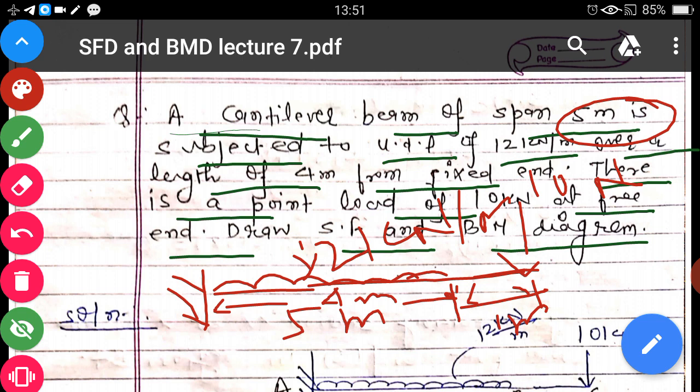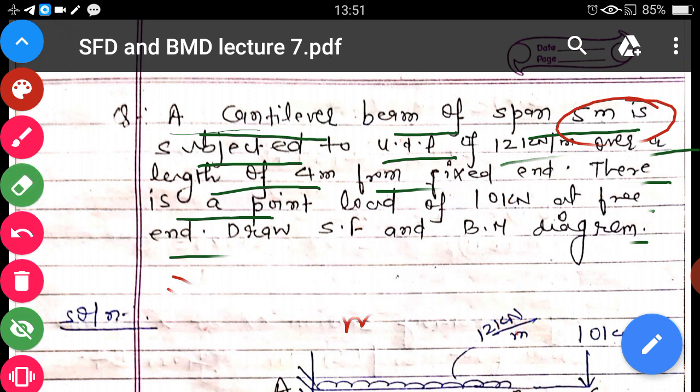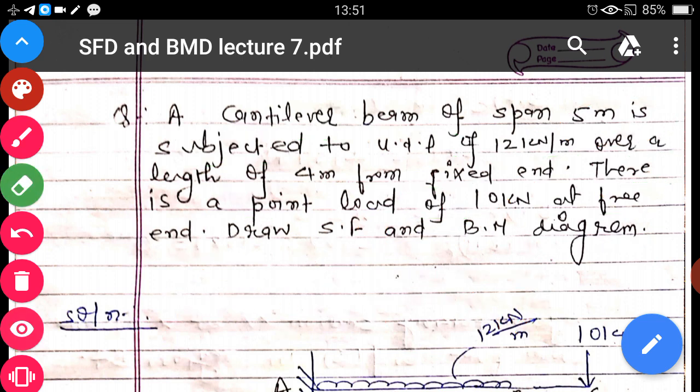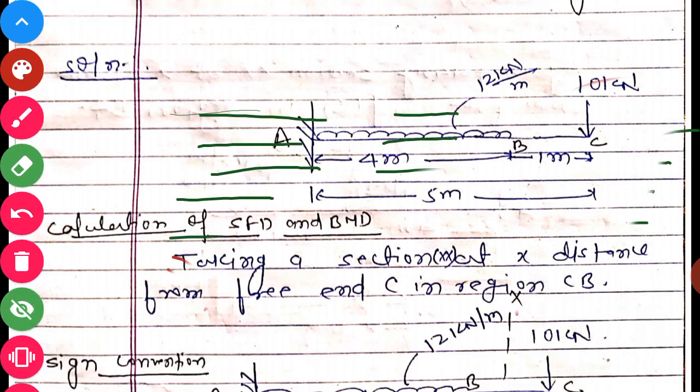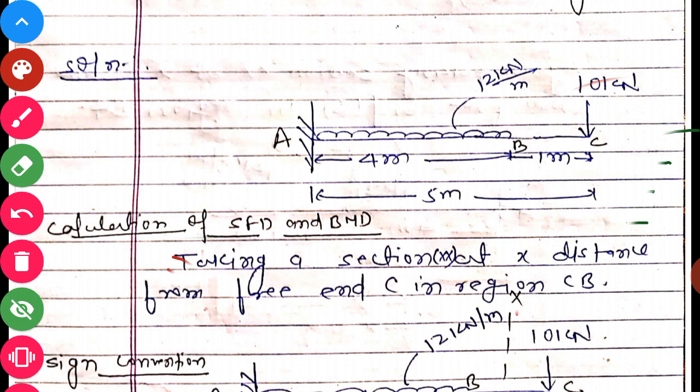Before solving SFD or BMD of any type of question, first draw the loading condition of the beam and show all types of load in the figure. As you see here, this is a cantilever beam having one side fixed, the other side free.